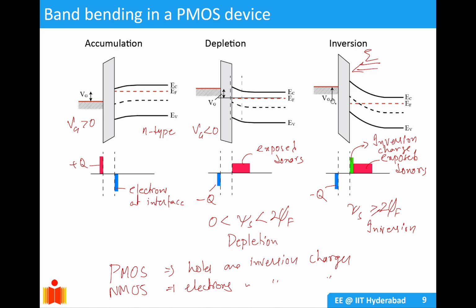Here the Fermi level is here, Vg is here, so you have applied a negative value of Vg. Vg is negative here, and therefore there is a negative charge accumulation, because you applied a negative bias.